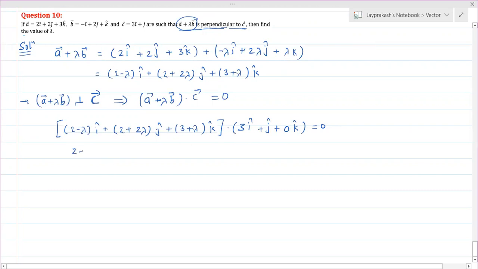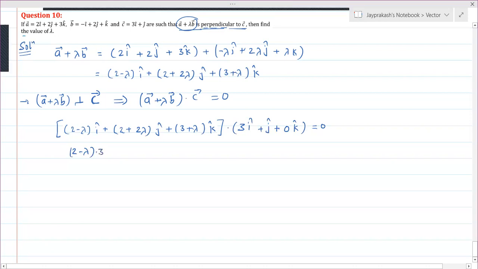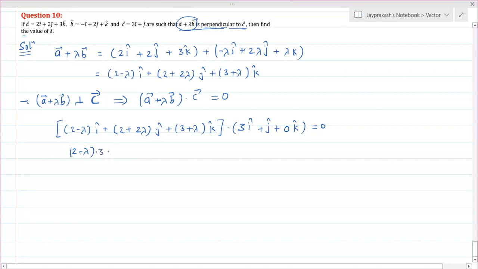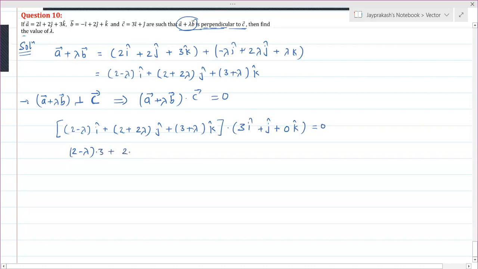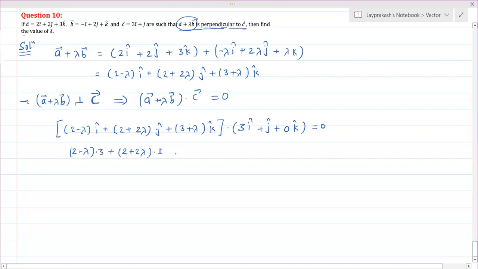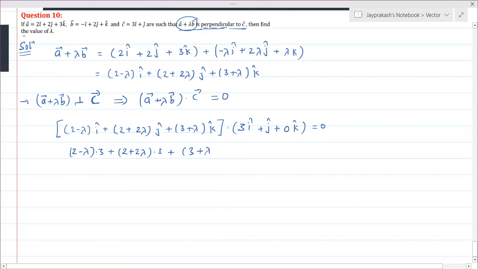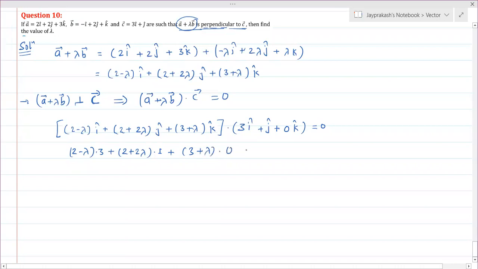So it will be (2 minus lambda) dot 3 plus (2 plus 2 lambda), and the second one j is 1, and the last term will be 0, because if you want to write like this one, it is (3 plus lambda) dot 0.